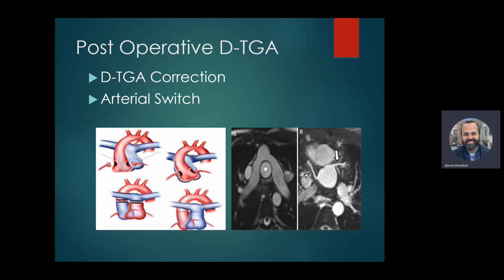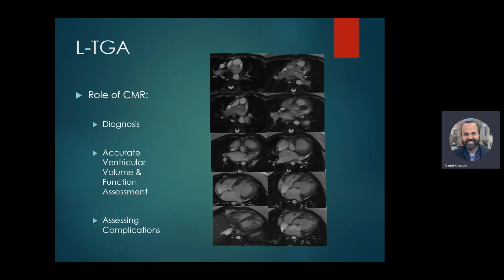Yeah, we talked about this. Yeah, the LTGA. So if the images are clear or they are not clear, I'm saying or I'm claiming that this is the right ventricle. Yeah. Is it true or is it wrong with what I'm saying? Yeah, it seems true. Why?